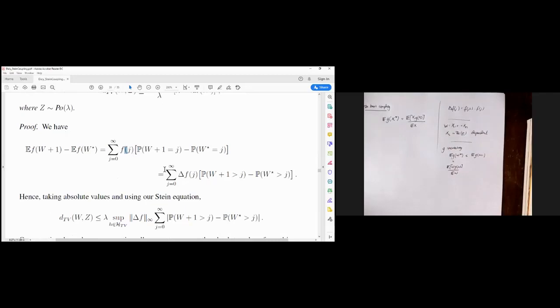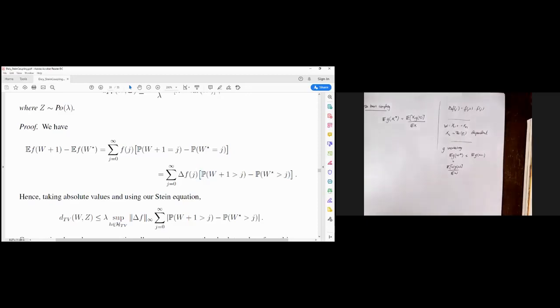If I use the discrete integration by parts formula to change this f into the increments, that will change these masses into right tail probabilities. So just essentially playing around with a discrete integration by parts gets me right tail probabilities there.